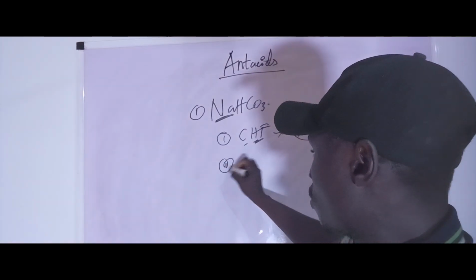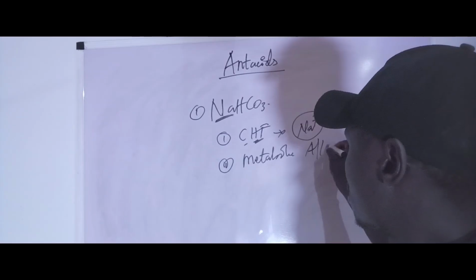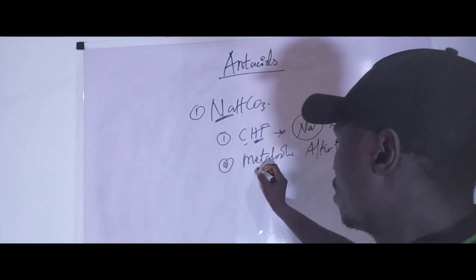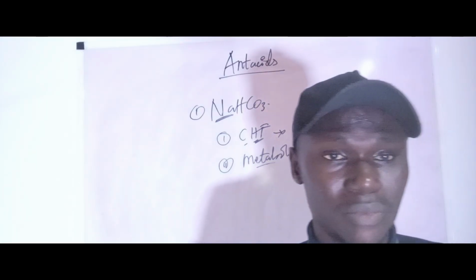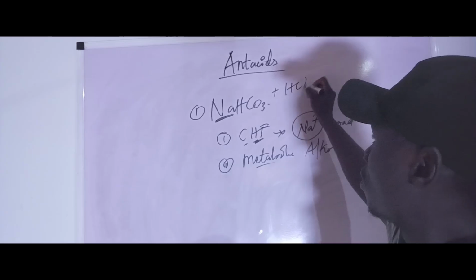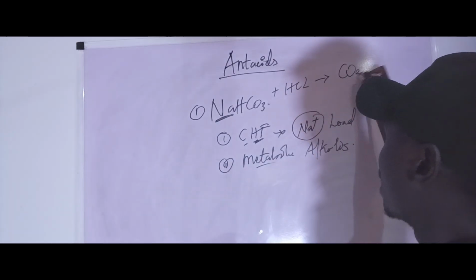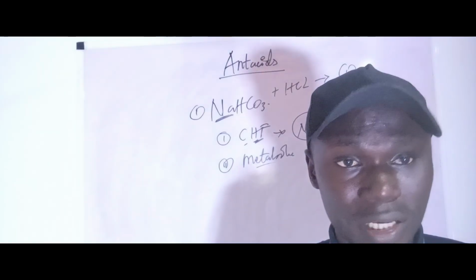Another thing is that they can cause metabolic alkalosis. They can enter into systemic circulation and cause what? Metabolic alkalosis. That is another reason why we don't use them again. And apart from that, if they react with the acid in the stomach, they can release CO2 gas. And you know CO2 gas will cause what? Belching.